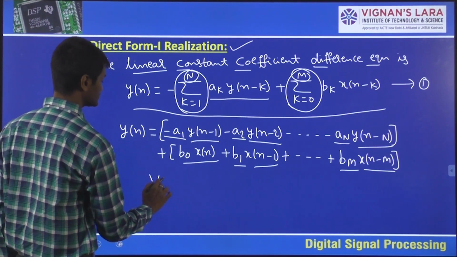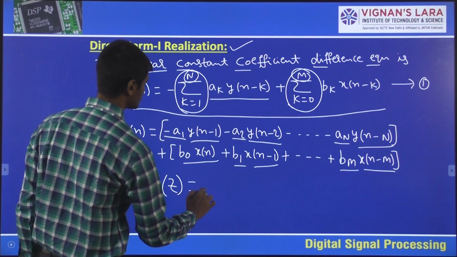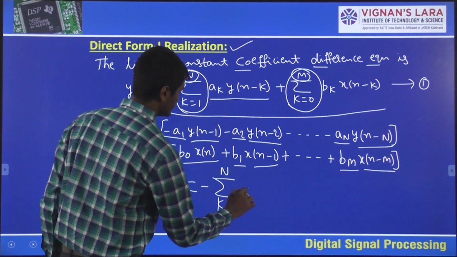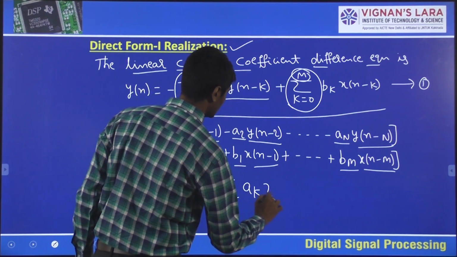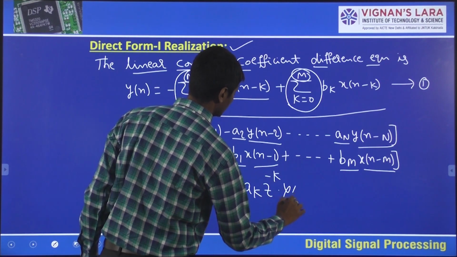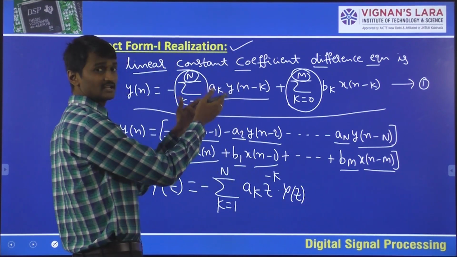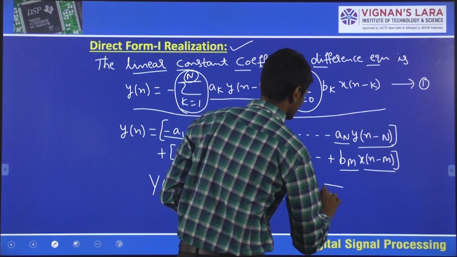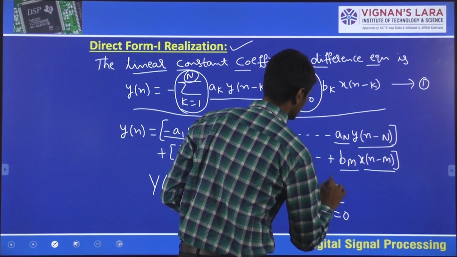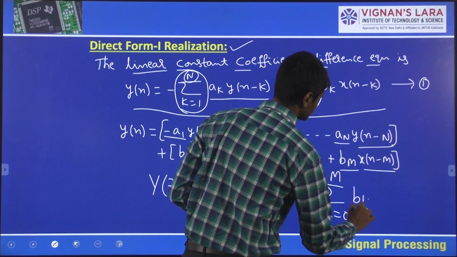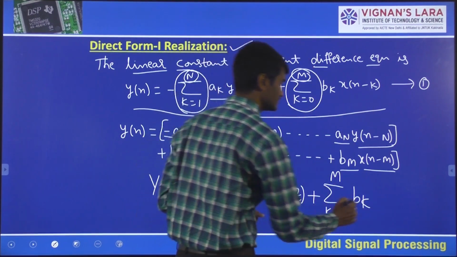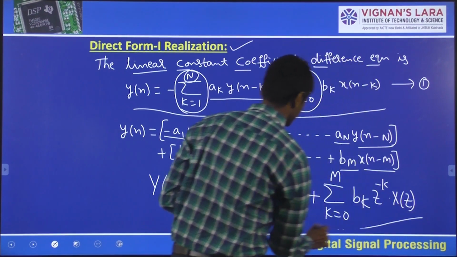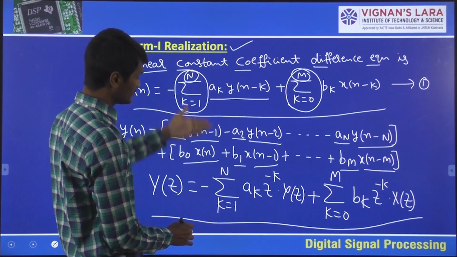That is, the Z transform representation of y of n is Y of z, which is equal to minus sigma k equals 1 to n a k z power minus k into Y of z, because the Z transform of y of n minus k is z power minus k into Y of z, plus sigma k equals 0 to m b k, the Z transform of x of n minus k, that is z power minus k into X of z. So the Z transform representation of equation 1 is this one.